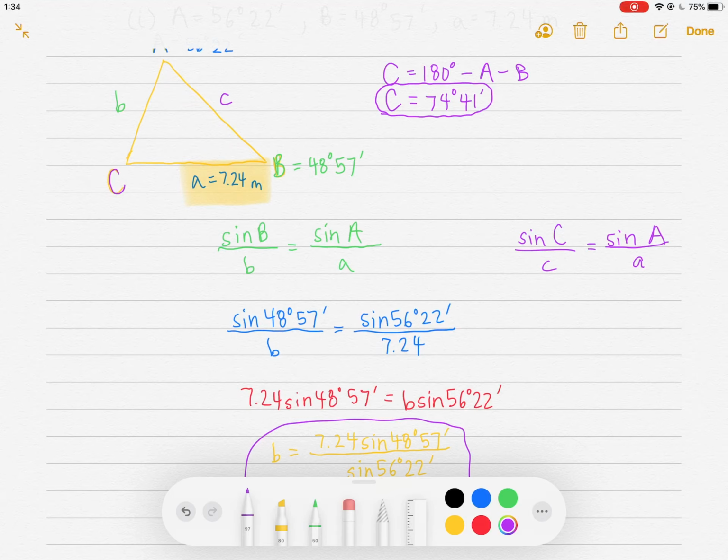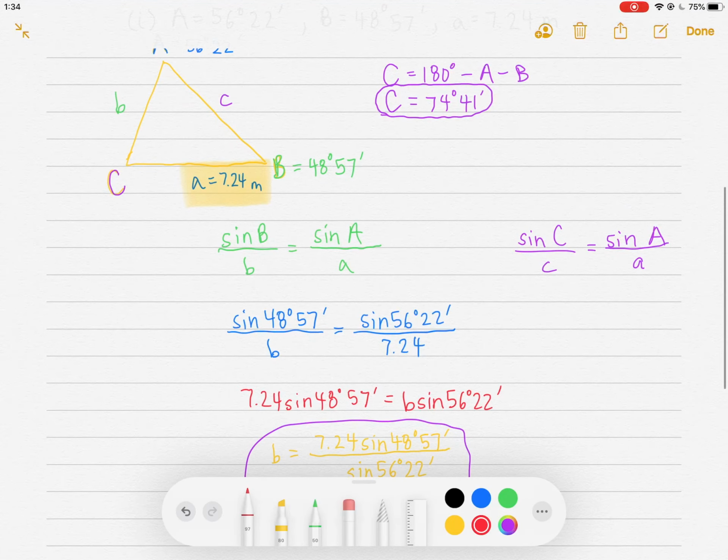So, plugging in what we know from above: sine of 74 degrees, 41 minutes over little c is equal to sine of 56 degrees, 22 minutes, divided by 7.24.